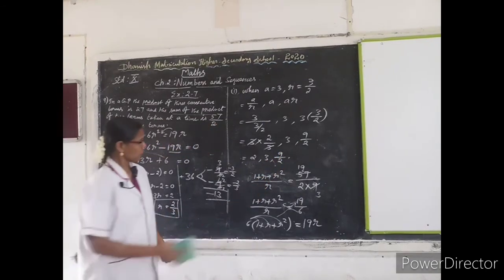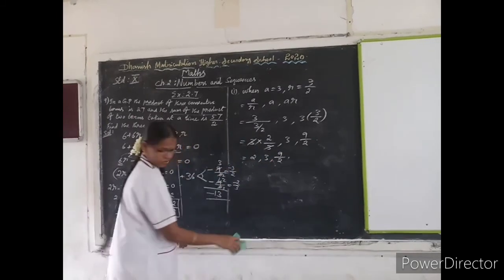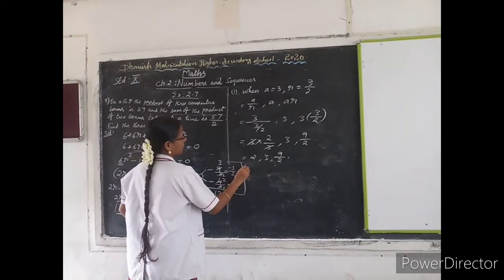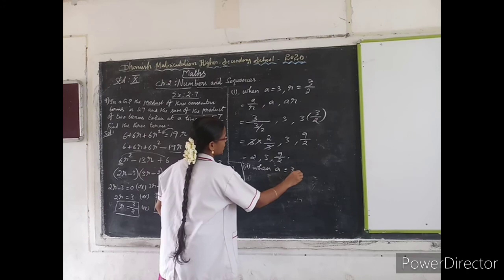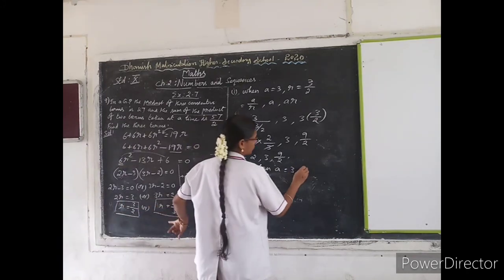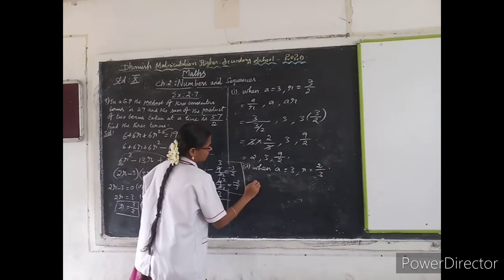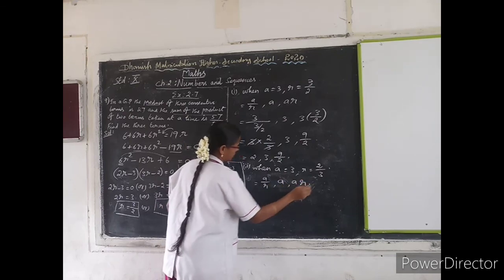For case 2, when a is equal to 3, r is equal to 2/3. GP terms are a/r, comma a, comma ar.